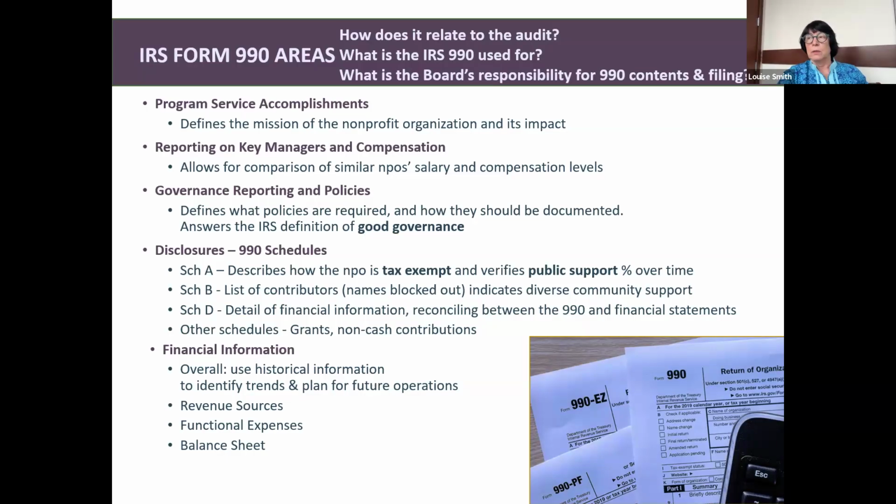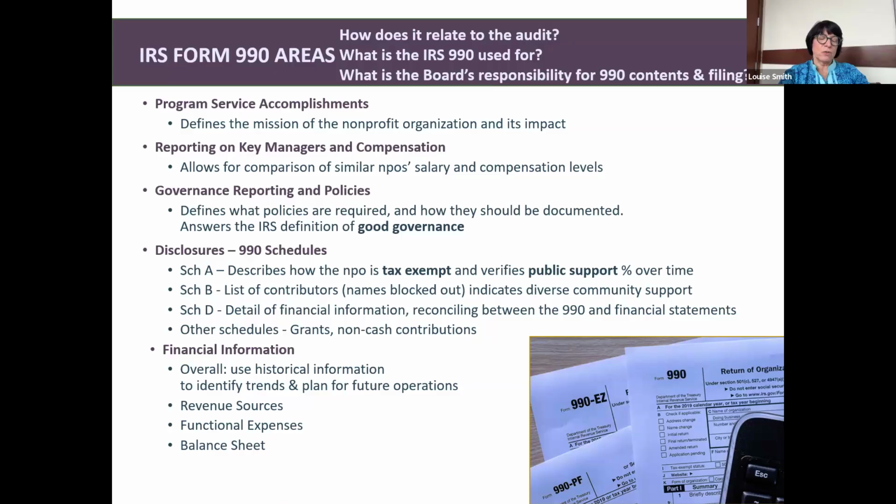That's usually provided as part of the regular information the financial person gives to the audit firm to put onto the 990. Your executive director has answered questions about governance and what your policies are. And then there are various disclosure schedules that are completed.